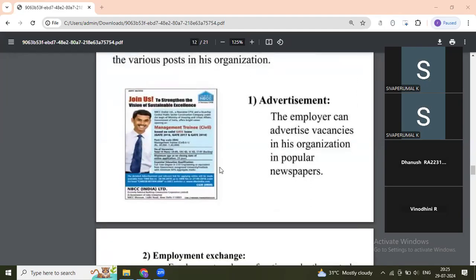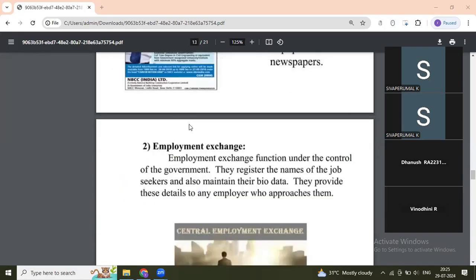Whenever the company needs a fresher, or needs various posts filled by eligible candidates, we go for advertisement. This is the main thing going on nowadays. Most companies follow this, right? The advertisement may be through newspaper, website portal, or social media, which is also widely available nowadays. And the second one is employment exchange.